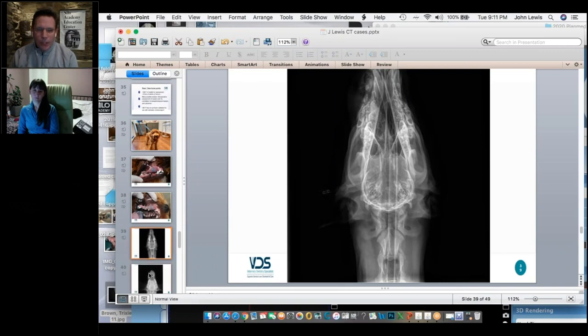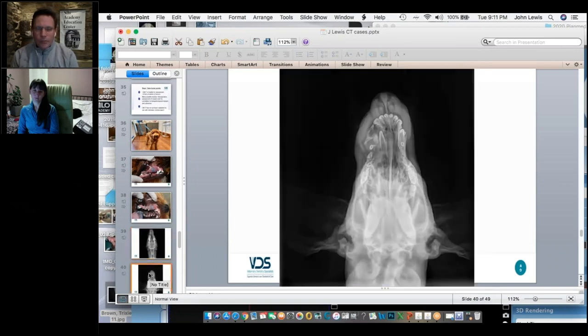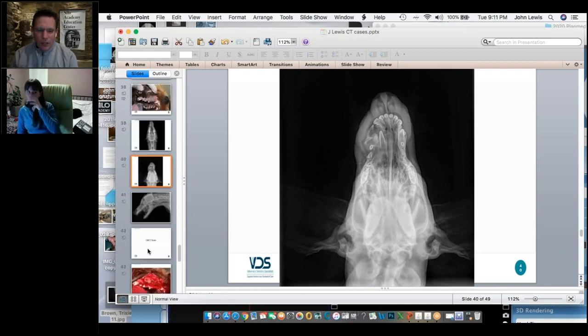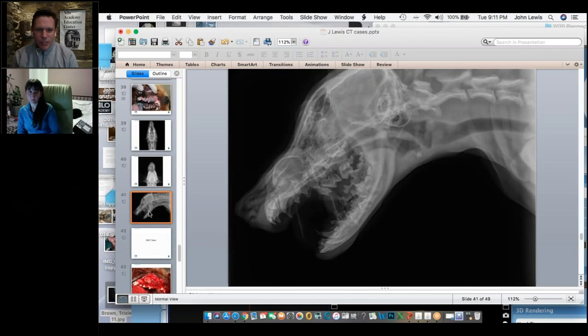But through a mouth open view, you can see that there is indeed a right maxillary canine there that's hiding in the nasal passage somewhere. And then on the lateral view, you can see that it's very dorsally placed and very caudal from where the contralateral canine would be.